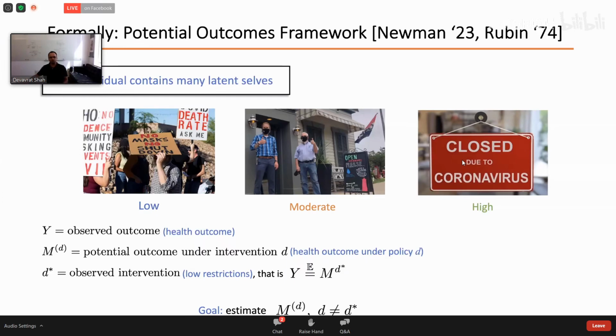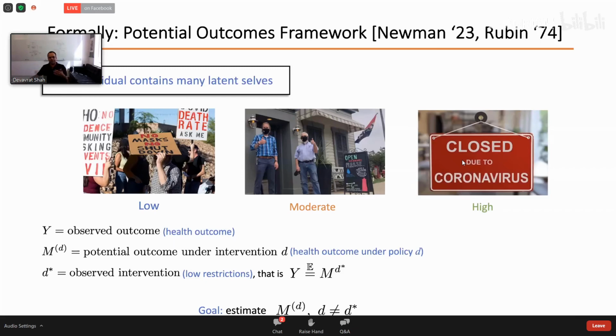One that would be expressed under low mobility, one that will be expressed under moderate mobility restriction, or one that will be expressed under very high mobility restriction. Let's call Y the observed outcome, and in a typical setting, we would think of Y as a sequence of observations measured over time for the metric or quantity of interest.